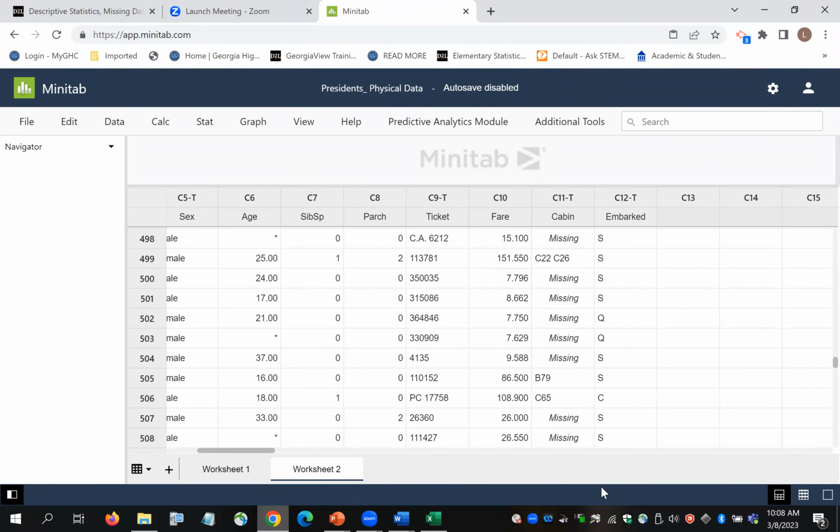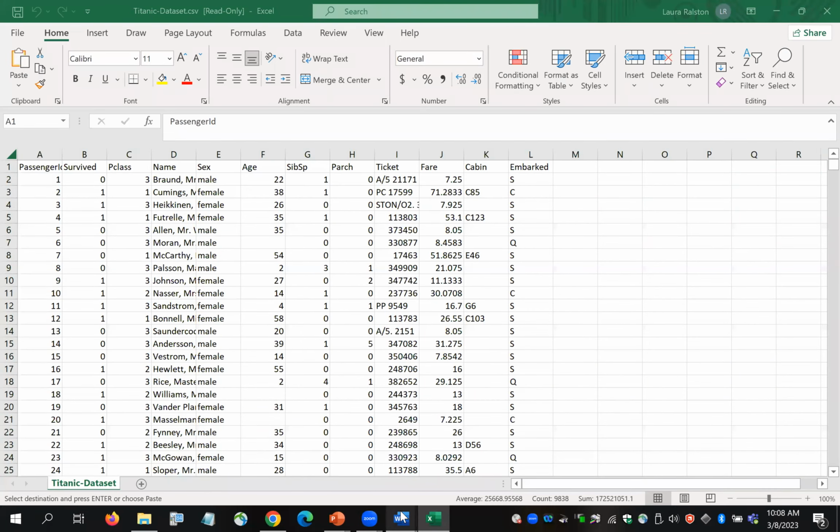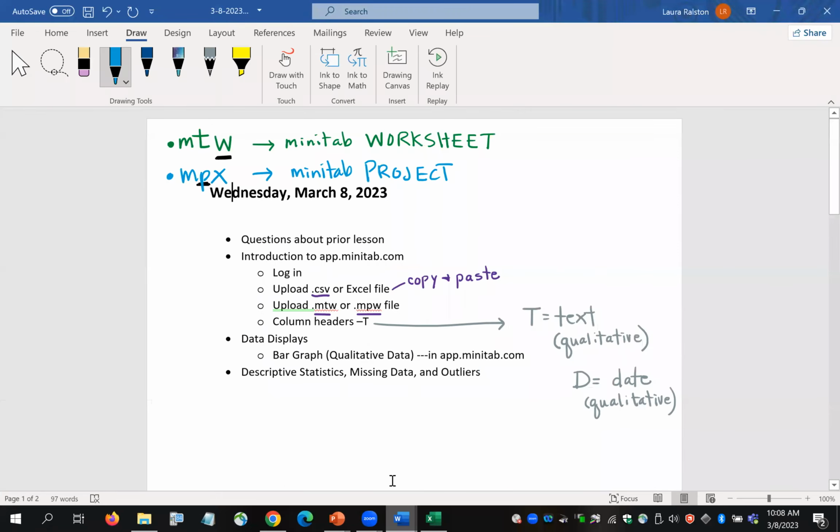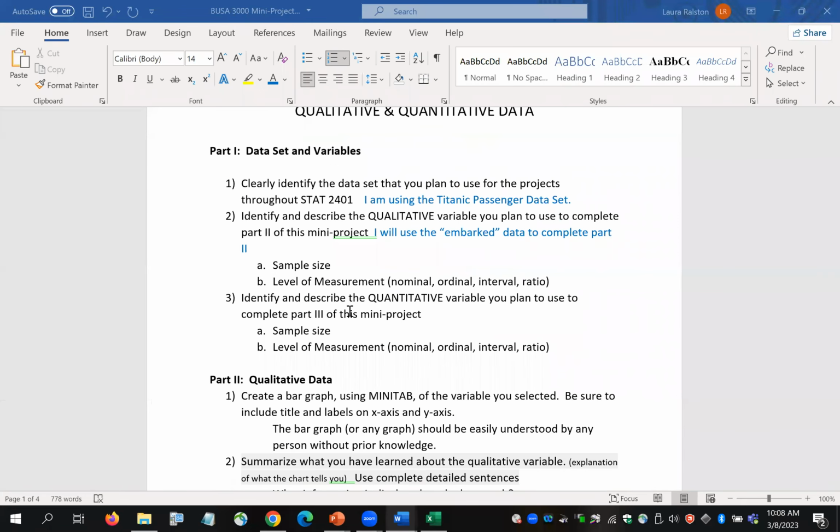But let's just say I'm going to make up a number to save time. I know, just from what I know, that there were 2,223 people, or we could say passengers, on the Titanic. The embarked variable is qualitative because it's words, or in this case, letters.